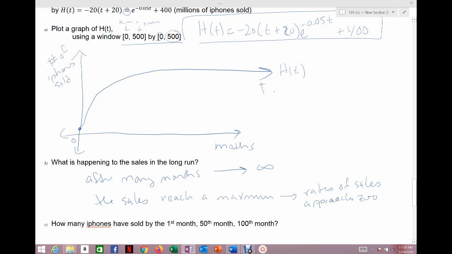That's what's happening up here. It flattens out, alright? It's approaching some limiting value, whatever that limiting value would be, the maximum amount of iPhones they would expect to sell.